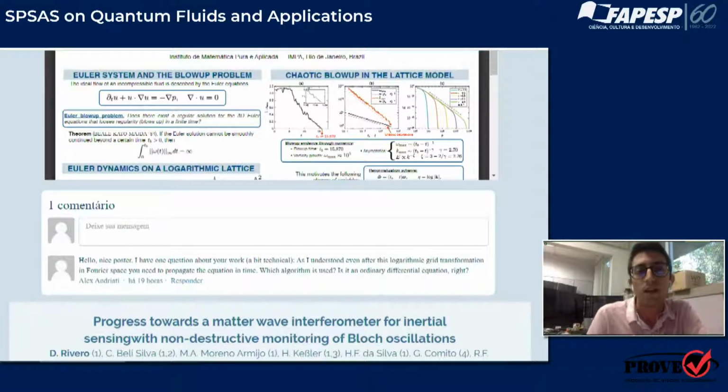Yes. We have a partial differential equation, a nonlinear partial differential equation in physical space, but we can think about periodic domains. So once we take this equation to Fourier space, it becomes an infinite dimensional ordinary differential equation, but still evolving in time. So we have used a very simple Runge-Kutta of fourth order to evolve in time.